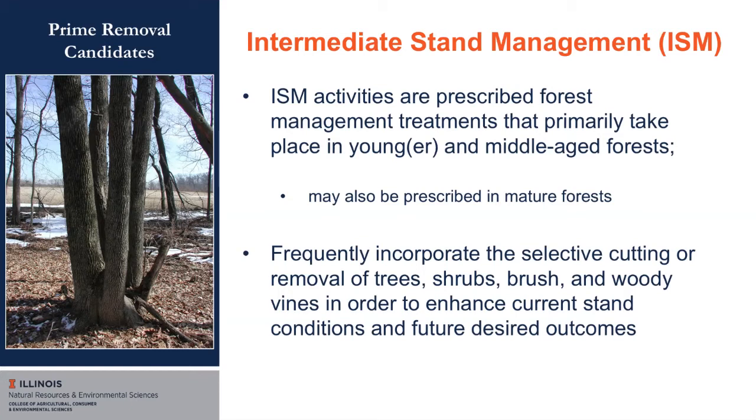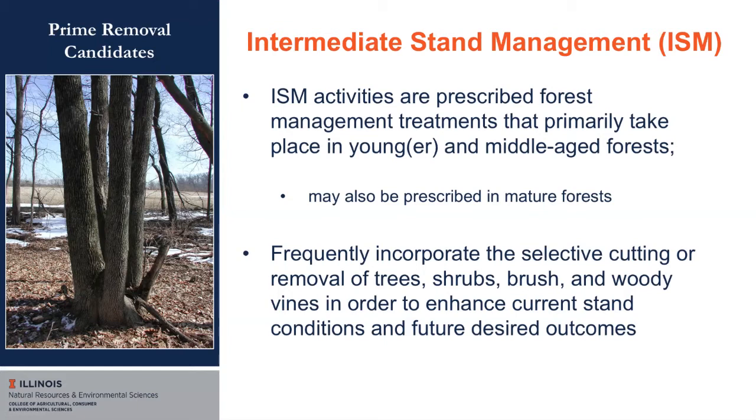We're removing understory and overstory trees, shrubs, brush, invasive species, woody vines, and we're selectively removing those woody plants to enhance the current stand conditions and the future desired outcomes based on the goals and objectives for that individual landowner. So it's very individualistic, okay, because there are 130,000 woodland owners in the state of Illinois.